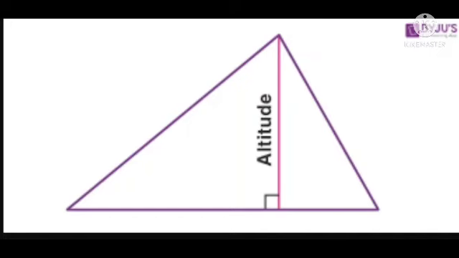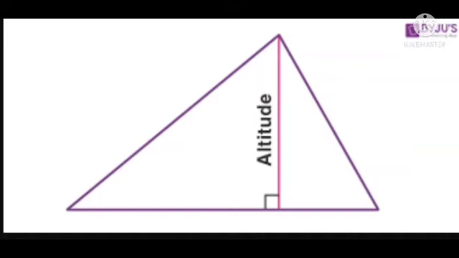The next property that we are going to discuss is the altitude of a triangle. The altitude is a perpendicular line, which means it forms 90 degrees with the baseline. Which line is called a perpendicular line?